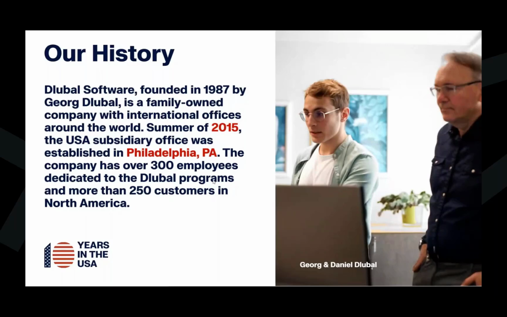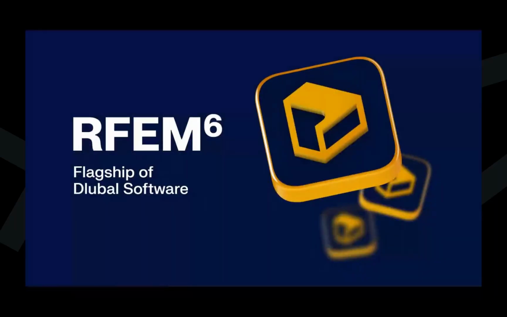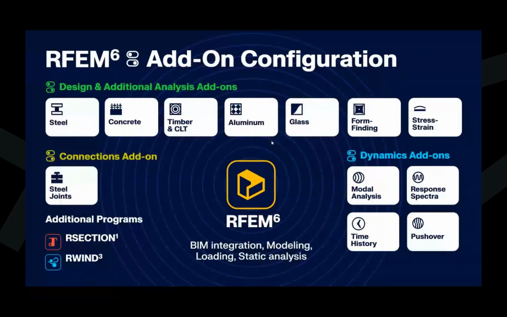So now moving on to RFEM 6. This is going to be the flagship of the software that we offer. This is our general FEA program that will continue to dive into the details here for the structural analysis and design. For those of you not familiar with our software, RFEM 6 is the base program.